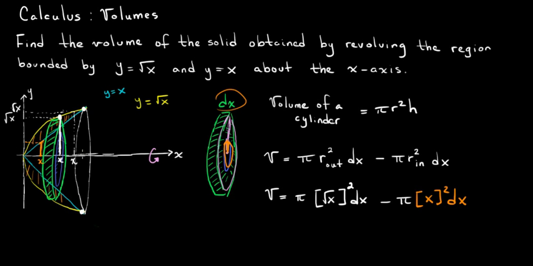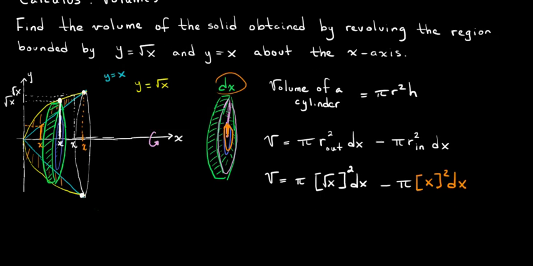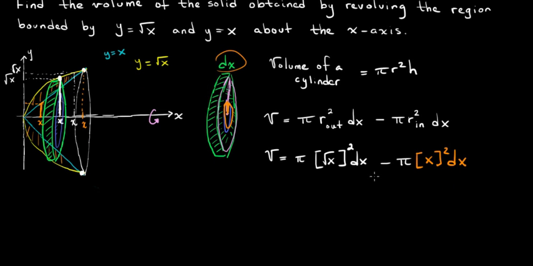But you could be way over here, and again, whatever the function is evaluated there would be your height. So that would be your radius. So your radius is given just by your function f of x. So we have x squared dx here. So again, this is the formula that we need to calculate the volume of this specific washer here.